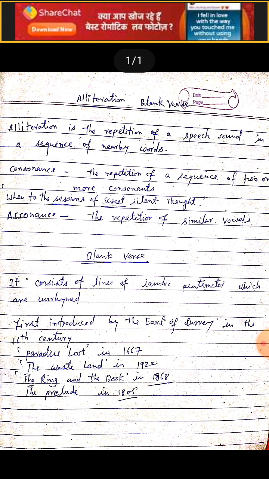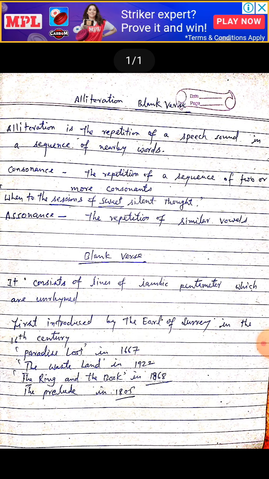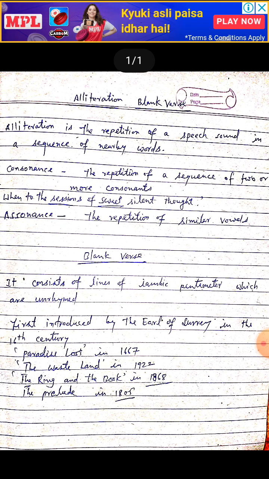while assonance is repetition of similar vowels, especially in stressed syllables in a sequence of nearby words. We can take the opening lines of John Keats' Ode on a Grecian Urn, which was written in 1820. "Thou still unravished bride of quietness, thou foster child of silence and slow time."